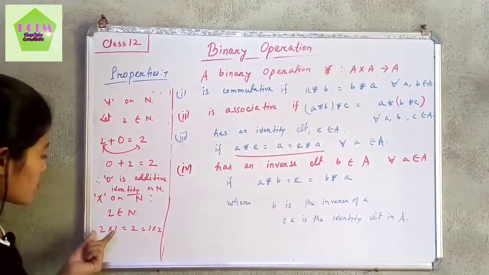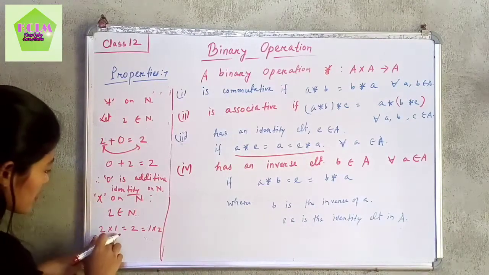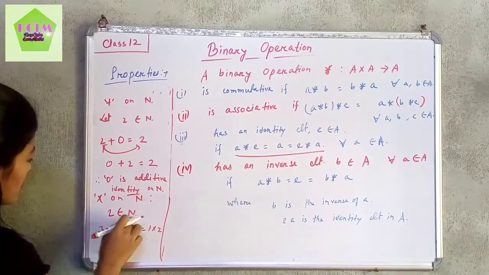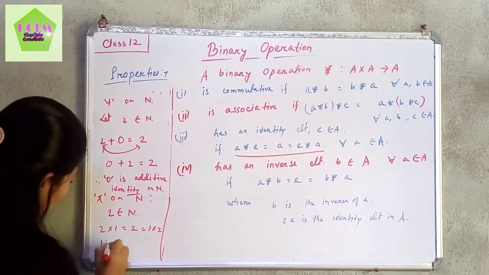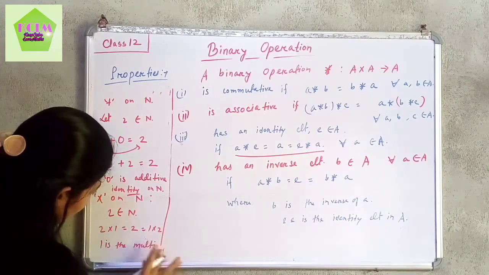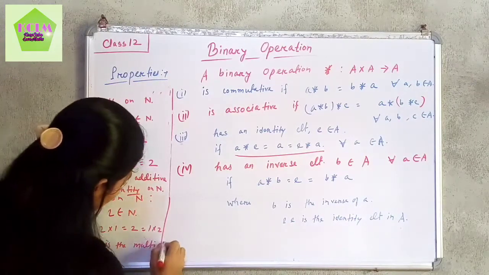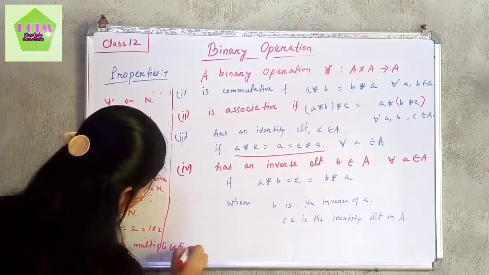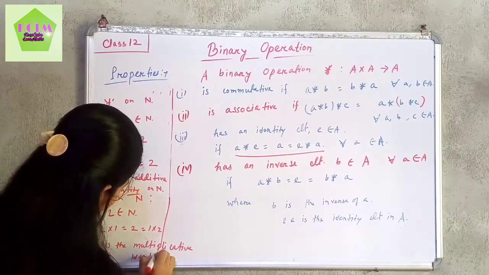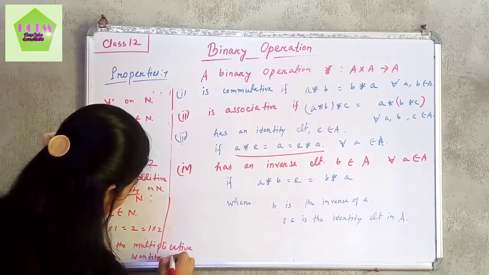So A star E equals E star A for all elements in the set of natural numbers. Therefore, 1 is the multiplicative identity on the set of natural numbers.